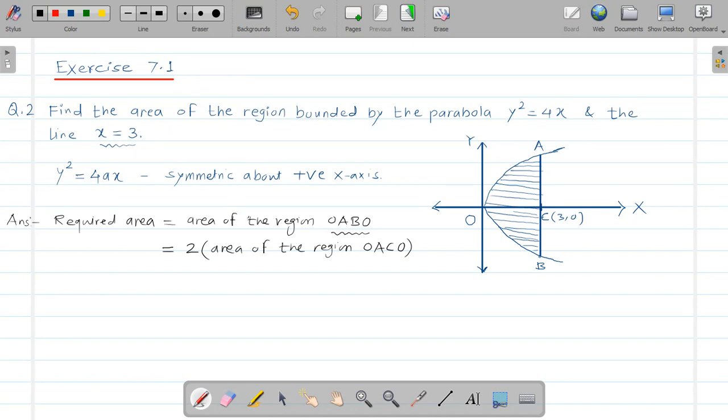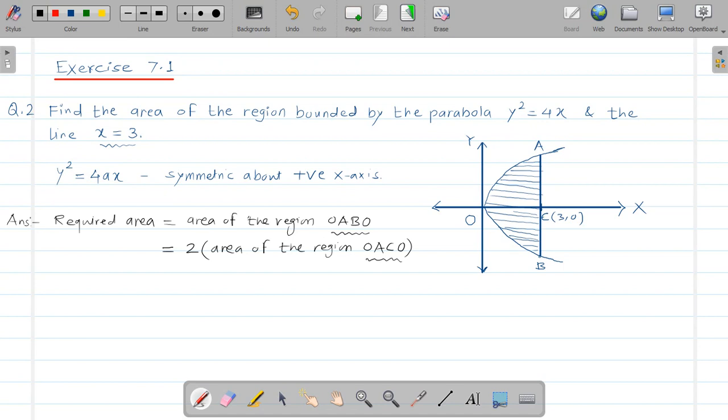So this region OACO is bounded to x-axis. It is bounded by the parabola y square is equal to 4x and the line x is equal to 3, and it is bounded to x-axis. So always we have to choose the area which is bounded to x-axis if you want to use the definite integration. So if you want the total area OABO, the figure is symmetric, that's why you will get 2 times the area of the region OACO.